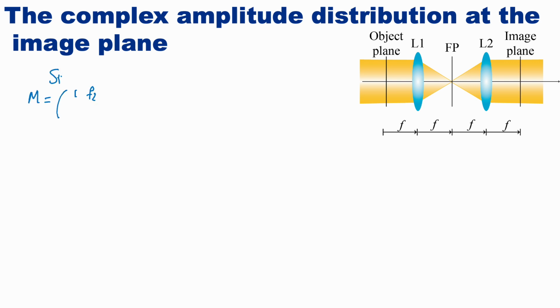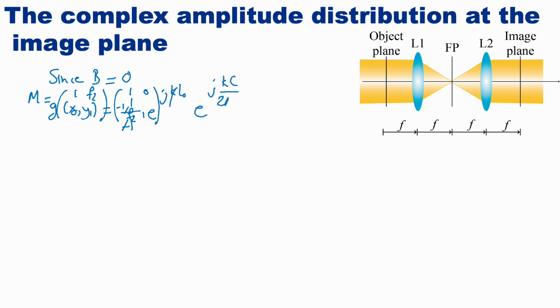So since B is equal to 0, now my output is going to be 1 over A, exponential of jk L sub 0, exponential of jk C over 2A times x squared plus y squared, and now the scaled input, right?